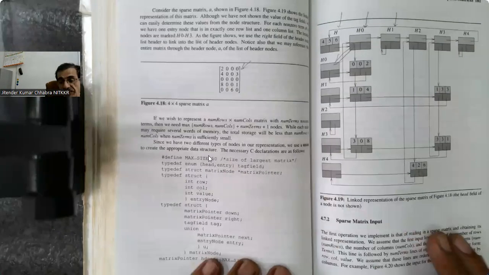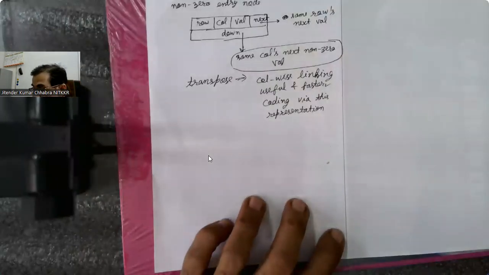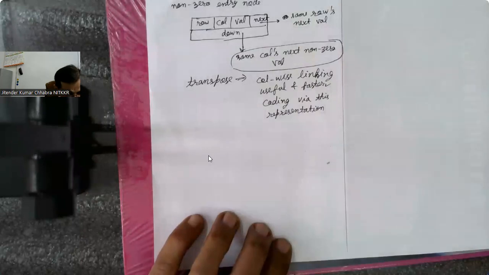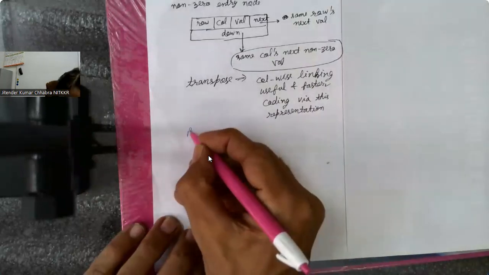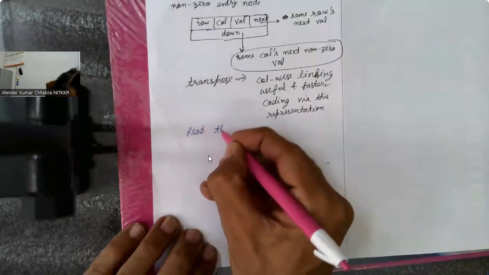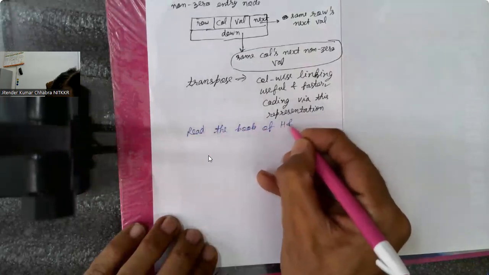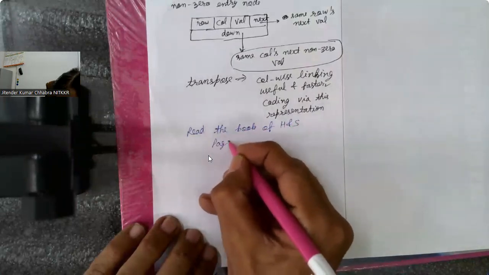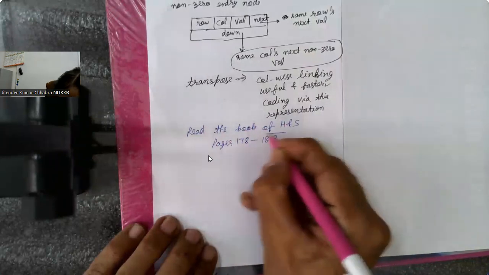So I think with this, I will wind up, but this is given in the book from page number 178 to 182 or 183. So I think you must read that. Read the book of Horowitz-Sahni, pages 178 to 182 or 183 probably.